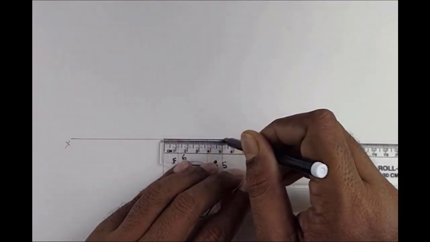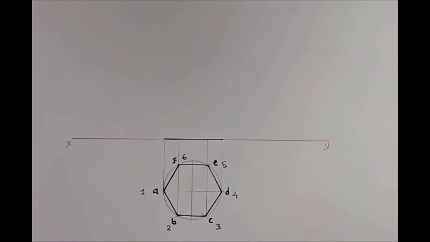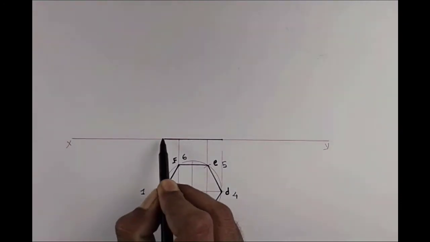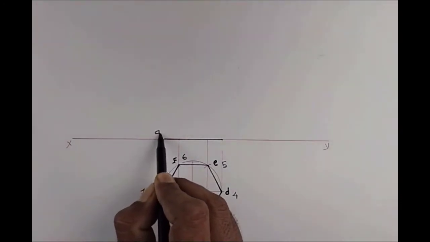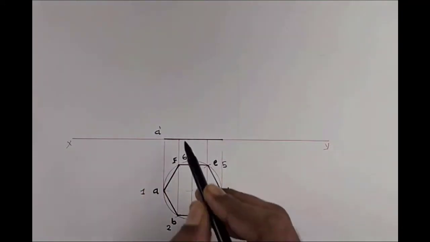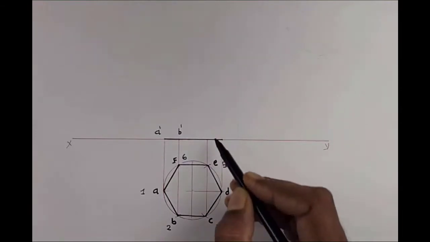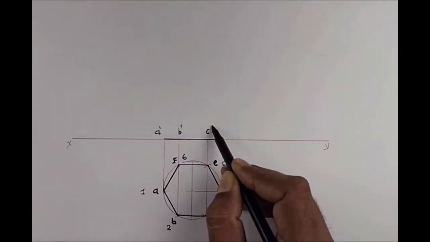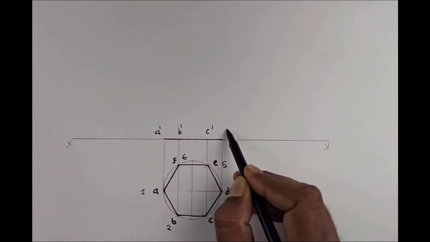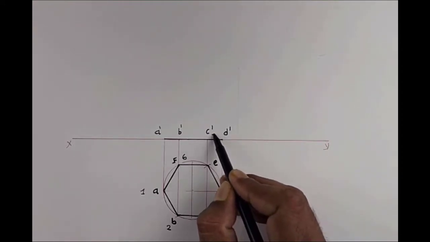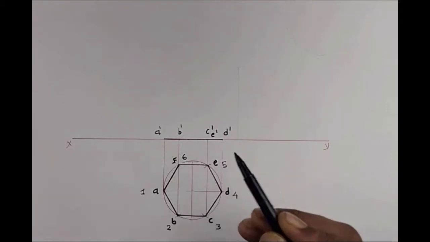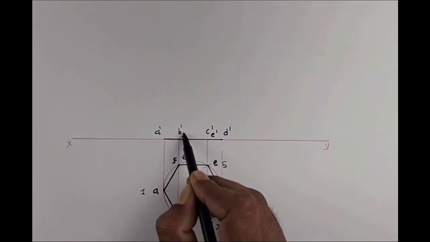on the XY line. So I mark this my A dash, it is our B dash, this is our C dash, it is our D dash, E dash, F dash.